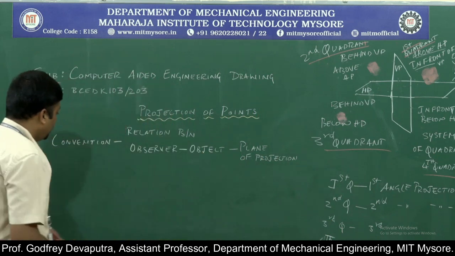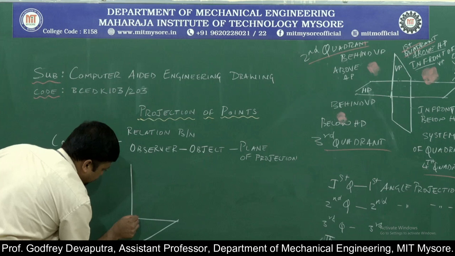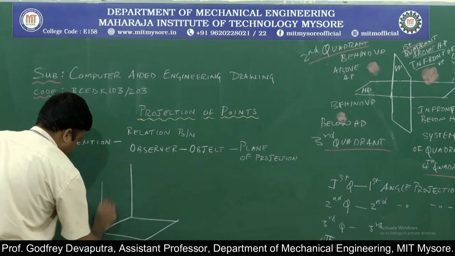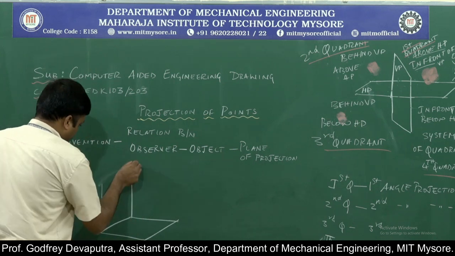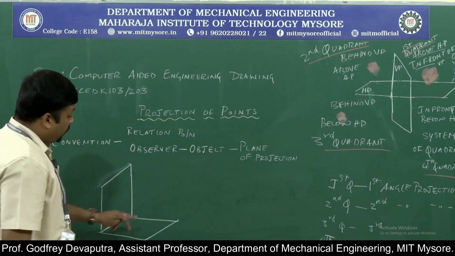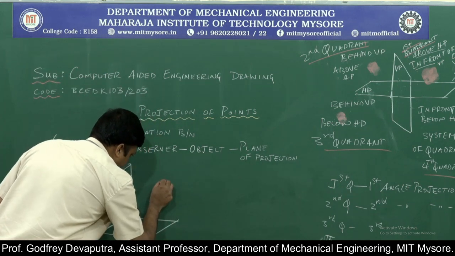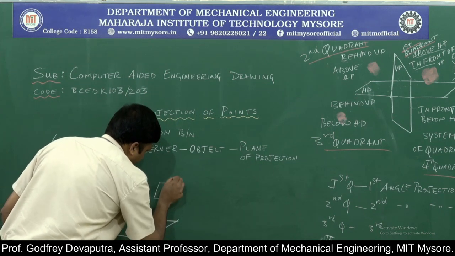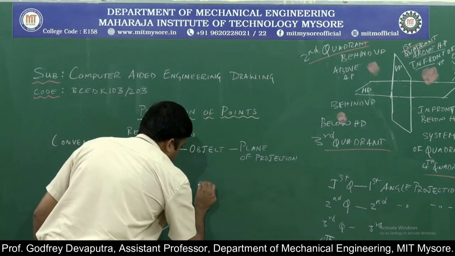Okay, now when we deal with only the first quadrant, when we explain the object, somewhere here there is an object and the observer's position, obviously it is fixed.